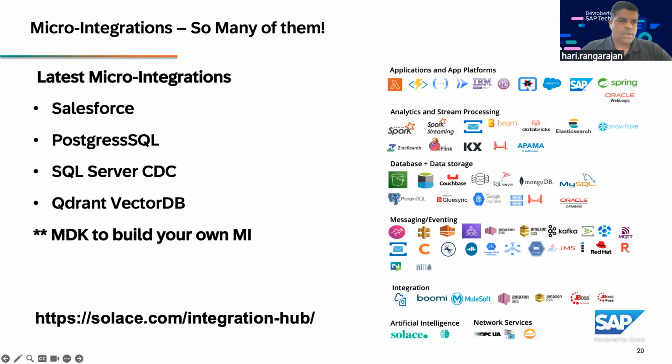So a quick recap on this: micro integrations, source and target micro integrations, anything that onloads and offloads events to the advanced event mesh is a micro integration. They are small, modular, single purpose. They do one job and they do it really well. iFlows should be developed as micro integrations and not macro integrations.